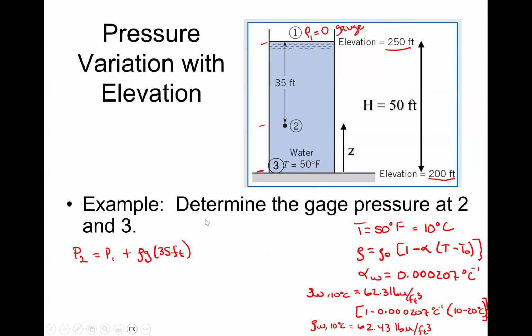And so if I assume that P1 is 0, because this is going to be a gauge calculation, then P2 equals rho of water at 10 degrees Celsius, which we have here, times g times 35 feet.